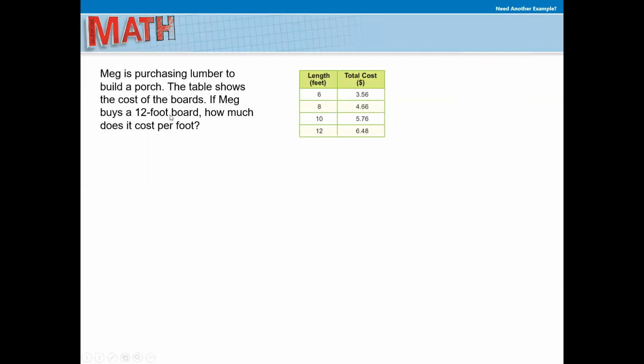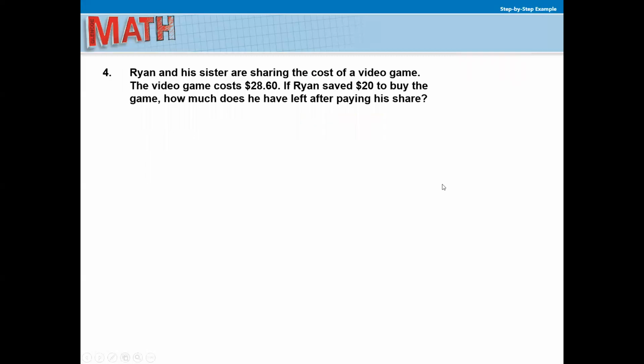And they want to know, for a 12-foot board, I'm going to pay $6.48, but how much was that per foot? So you're going to take the total cost, $6.48, divide it by 12 to find how much for one. Pause the video while you show all your work in your math notebook. Press play when you're ready to continue.